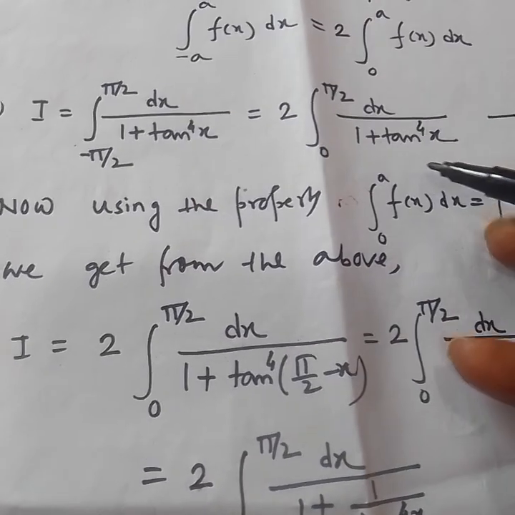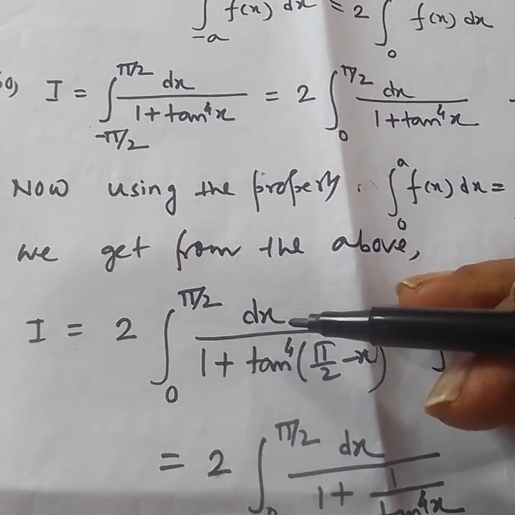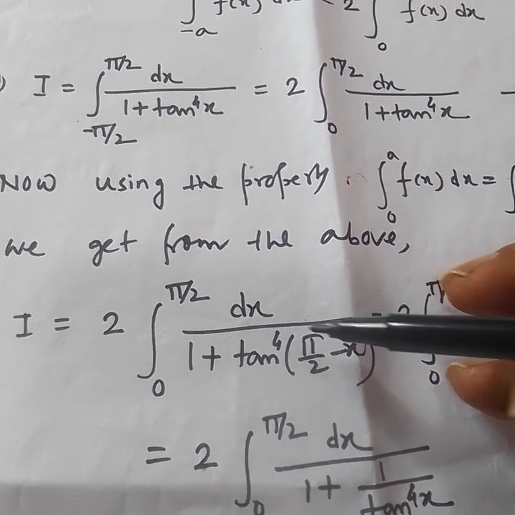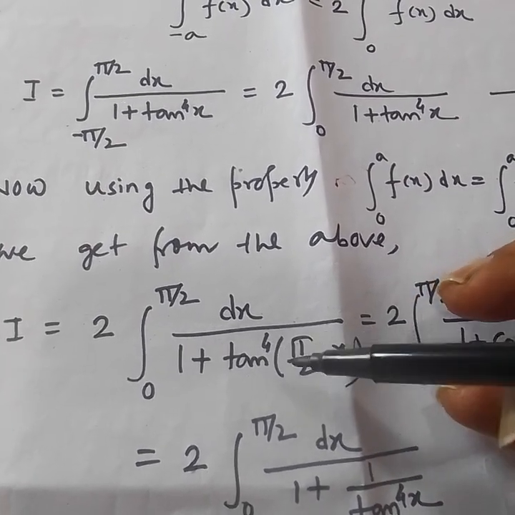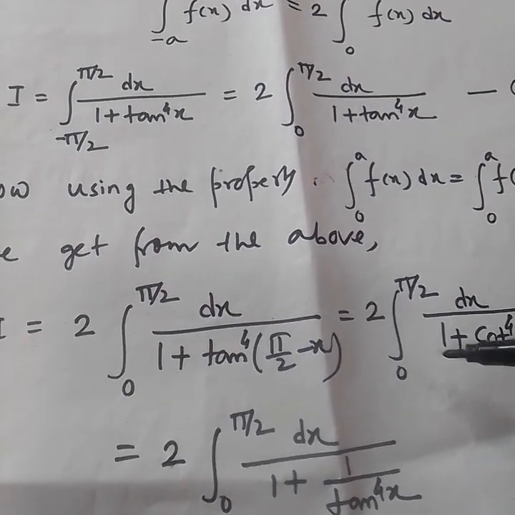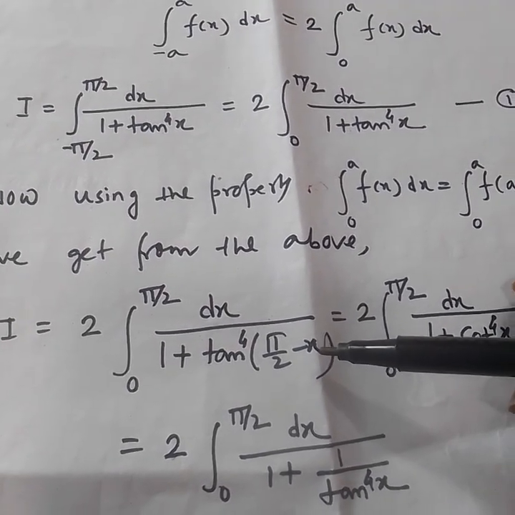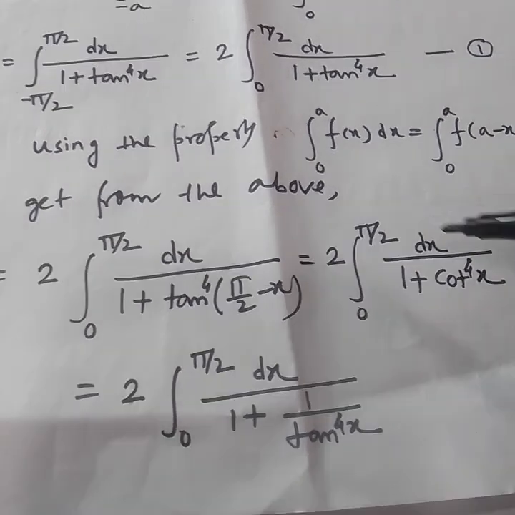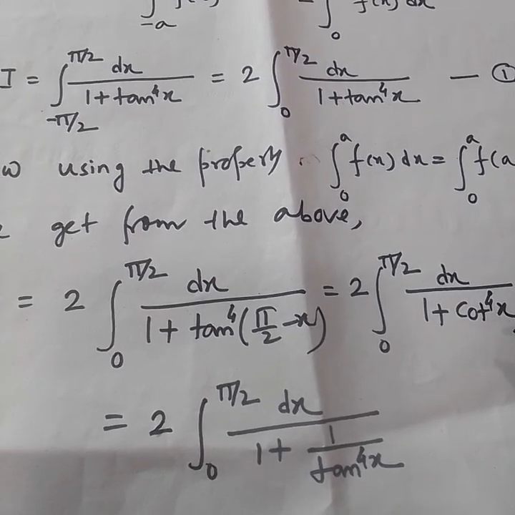So replacing x by pi by 2 minus x, we get I equals 2 into the integral from 0 to pi by 2 of dx by 1 plus 10 to the power 4 of pi by 2 minus x. Now 10 to the power pi by 2 minus x, whole to the power 4, becomes cot to the power 4x.